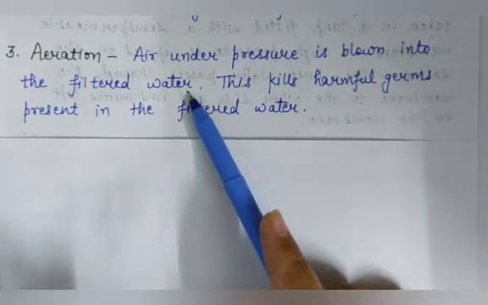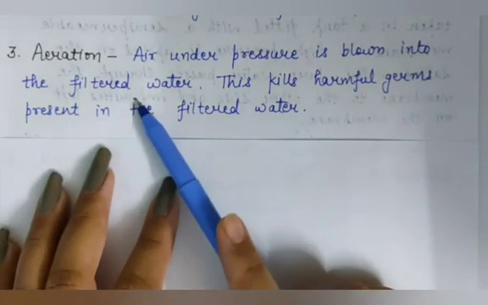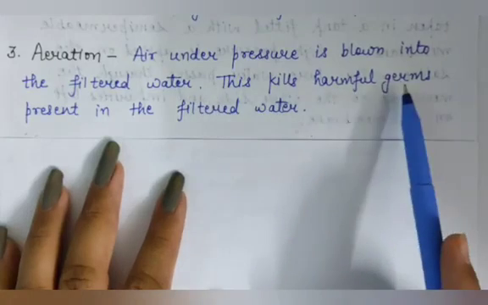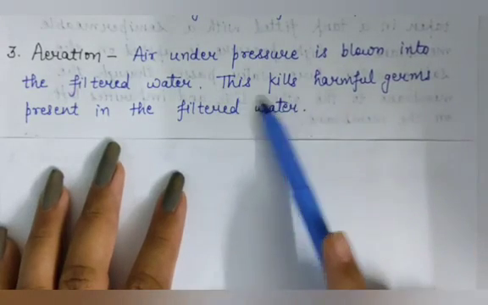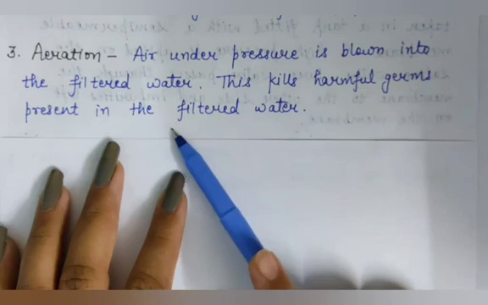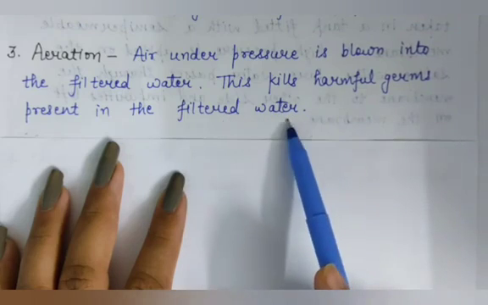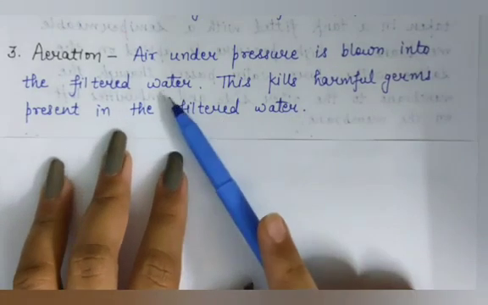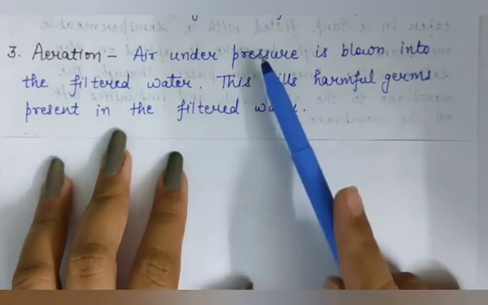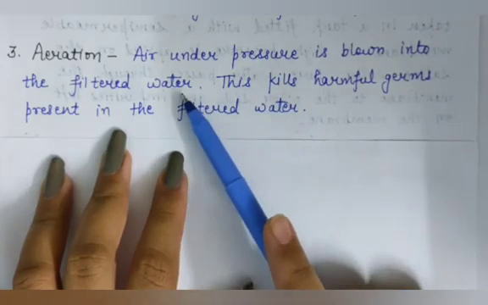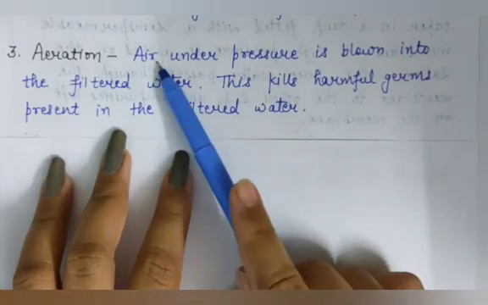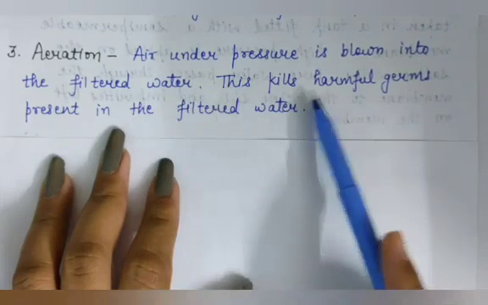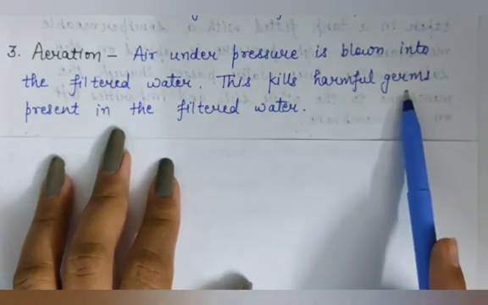It means high pressure air is blown into the filtered water, and due to this harmful germs present in the filtered water are killed. In the second step we have filtered the water, and when the high pressure air is blown into the filtered water, then it kills harmful germs.